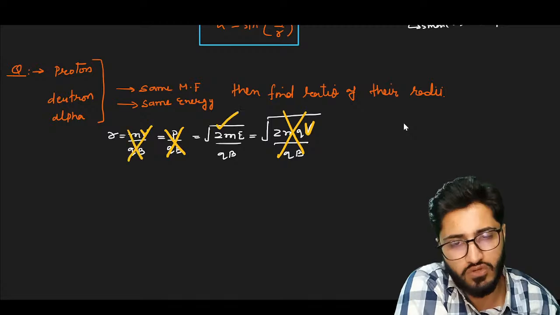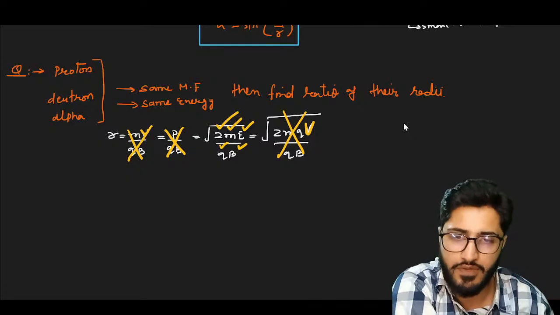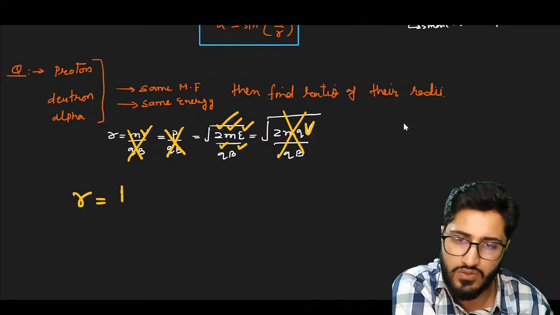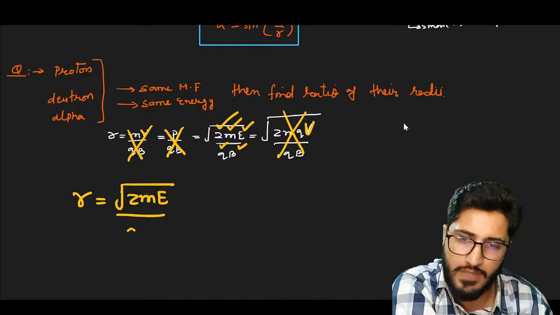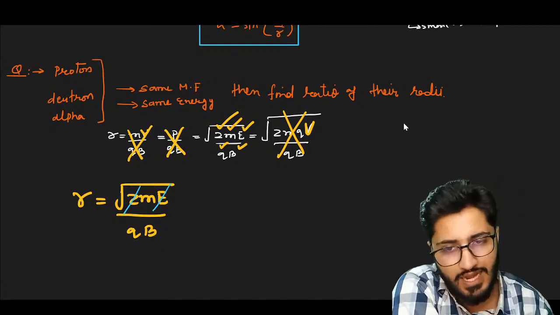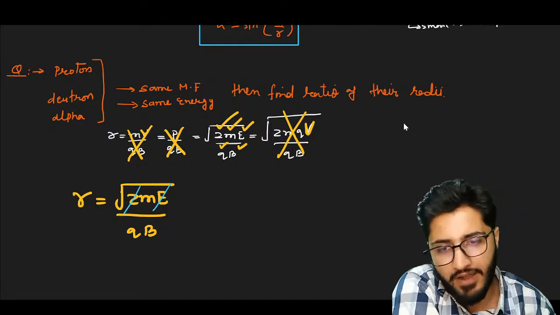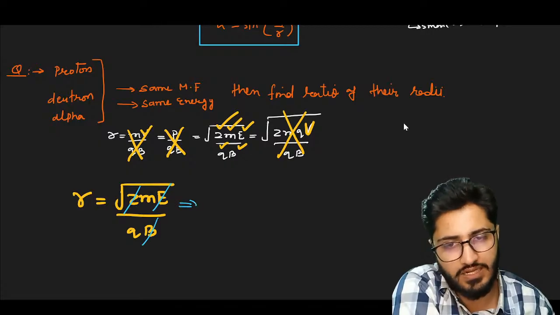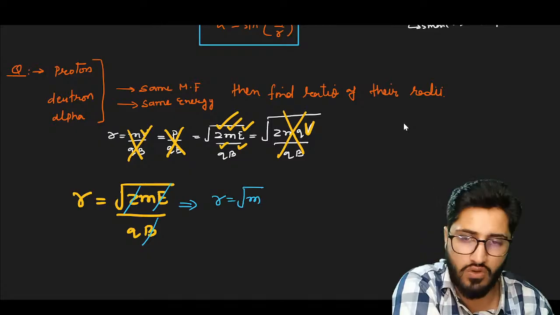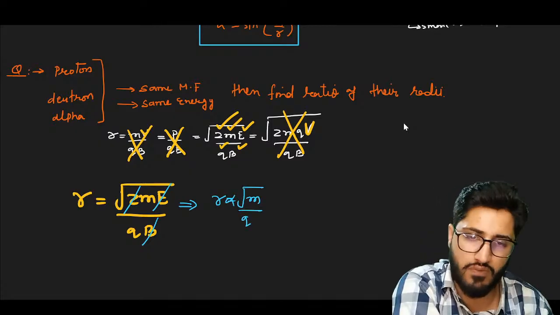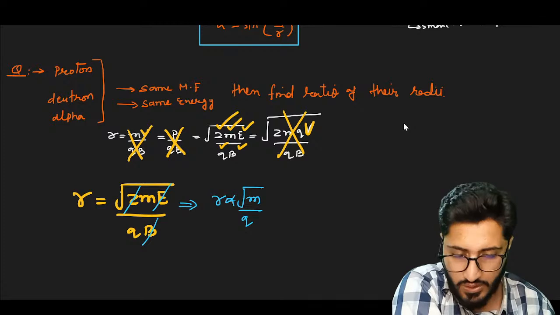Look, mass we know, energy we know, q we know, B we know. That means we can use R equals under root of 2mE divided by qB. Look, 2 is constant, energy is constant, magnetic field is constant. So can I write now R proportional to under root of m by q? We conclude from this one.